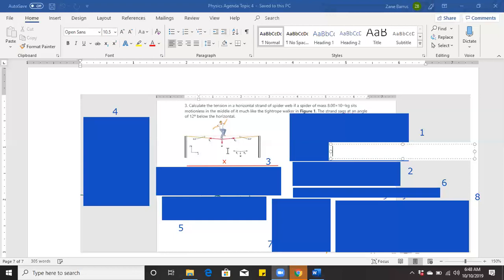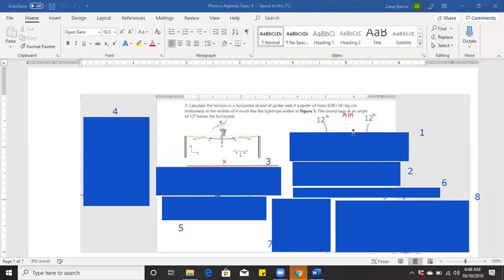So to find the tension in each rope, there's a couple things we need to do first. I've numbered these steps next to the boxes that I'm going to reveal them in. The first thing I would do is draw a picture to represent our situation. I've set it up very much like the drawing on the left.